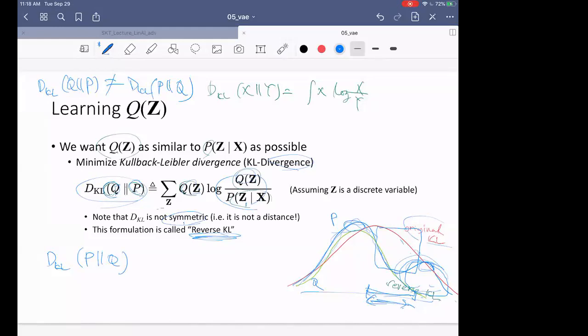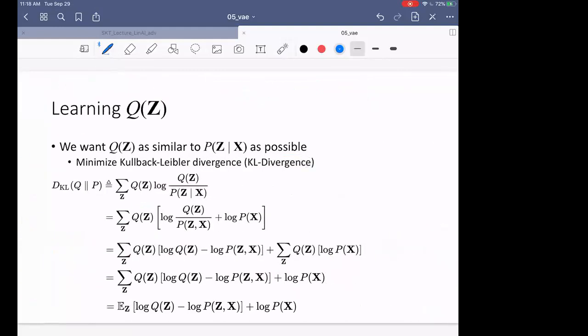All right, I'm gonna move on. So there's some expansion. You have the KL divergence, and because this is P(Z|X) divided by P(X), you put the P(X) outside this term, which becomes a log P(X), and this is an expectation over the Q distribution.